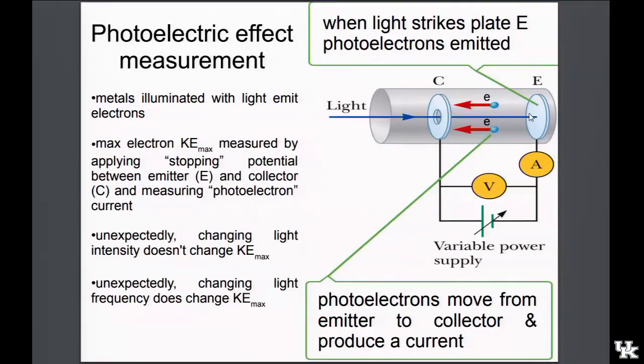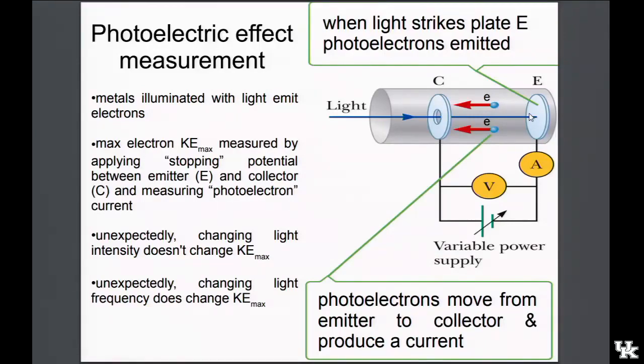So what you saw me demonstrate was with visible light of relatively long wavelength, I couldn't liberate electrons. With ultraviolet light, a relatively short wavelength, I could liberate electrons. So the ability to liberate the electrons depends on the wavelength of the light, and also, we didn't measure it, but you can measure it, the maximum kinetic energy is determined by the color, the wavelength, the frequency of the light.